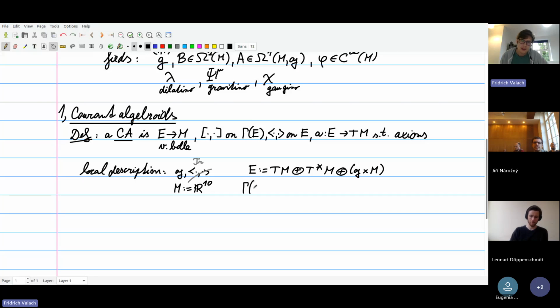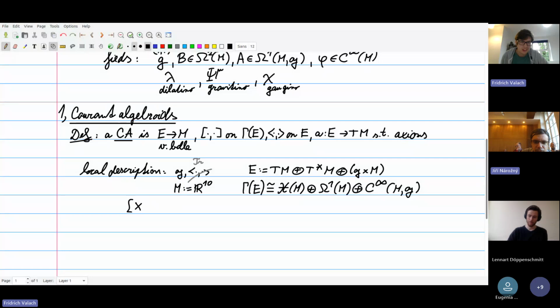Sections of this bundle you can identify with triples of vector fields, one forms, and functions on M valued in the Lie algebra. And there is a nice bracket on such things. So let me start here.